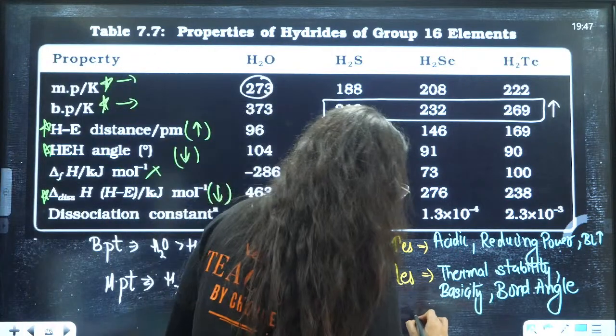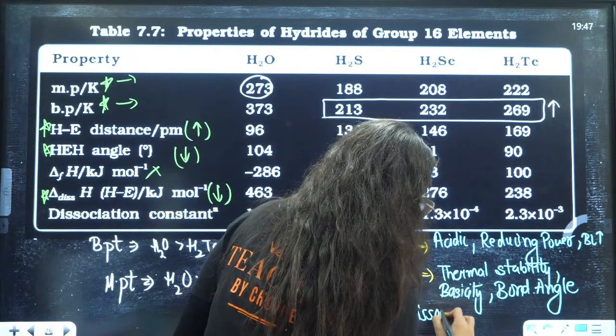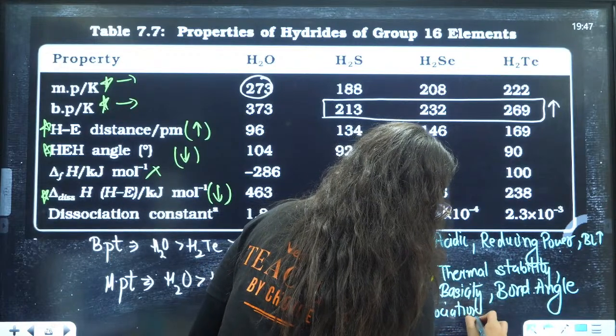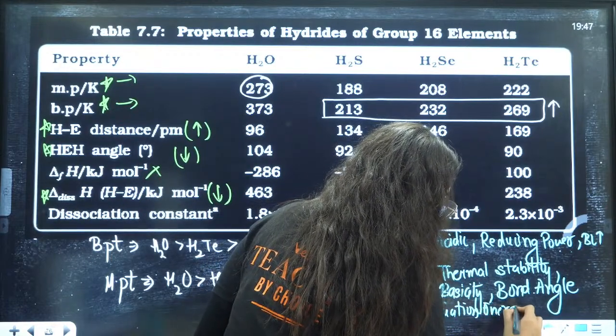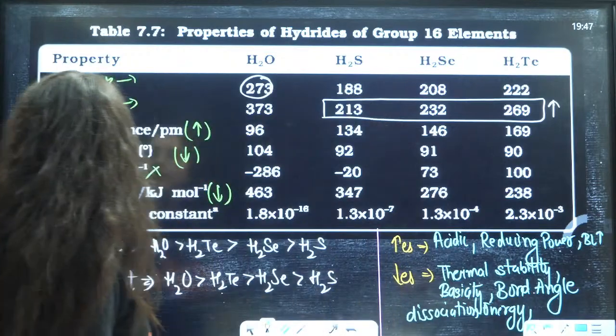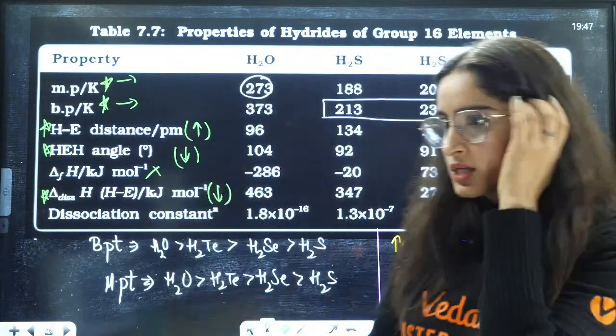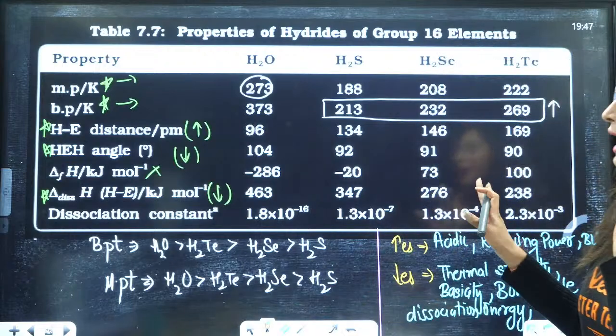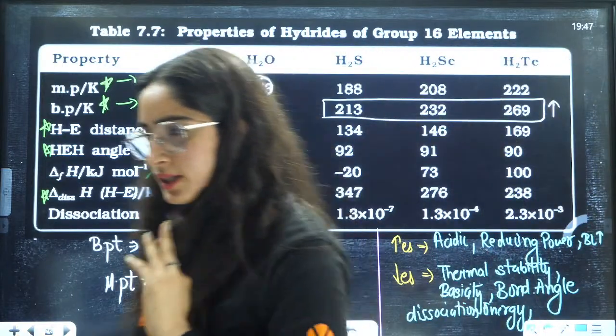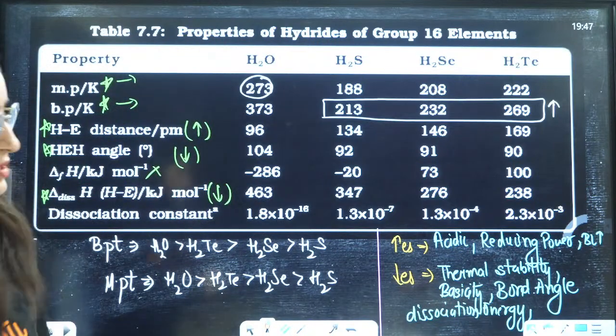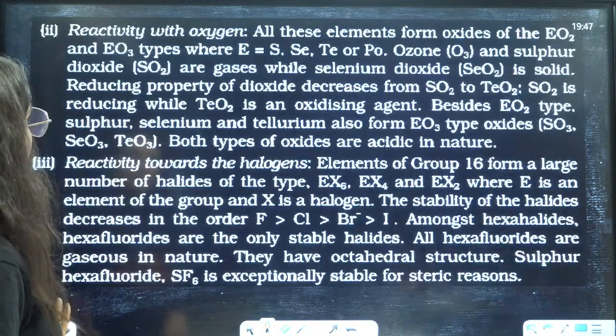Dissociation energy is also decreasing down the group. Understood? This is what you need to remember from the hydrides of this group.